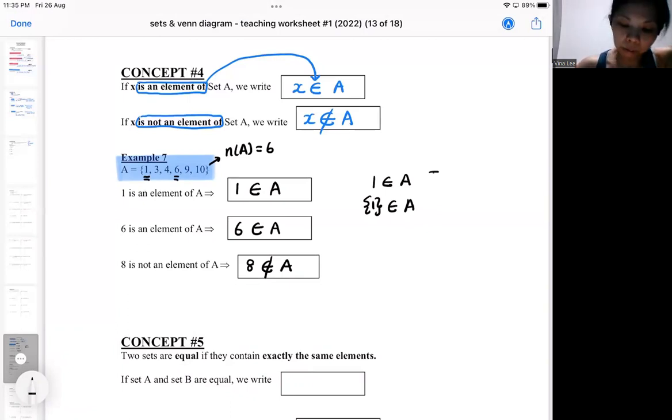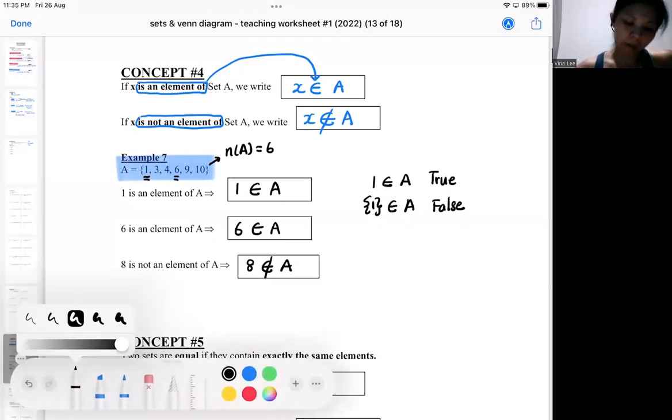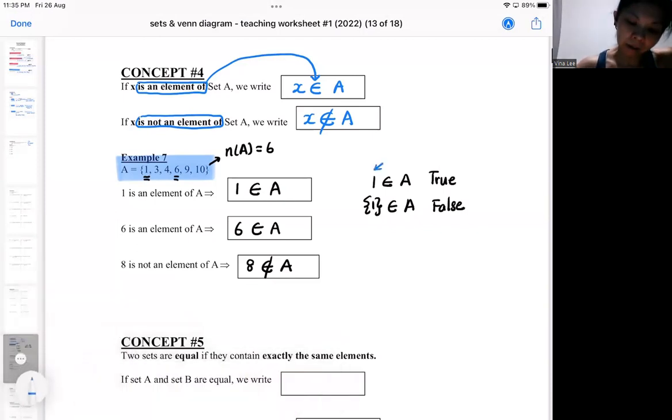This is true, and then this is false. Why is that so? This one is an element. But if the element comes with a curly bracket, this is not an element anymore. This is a set.